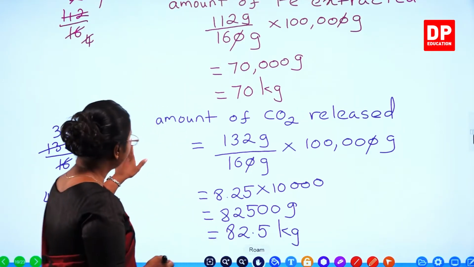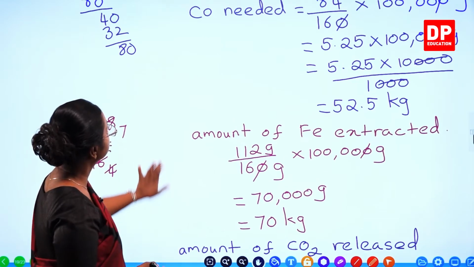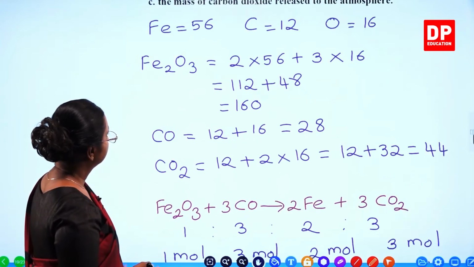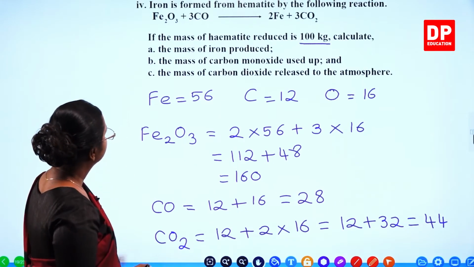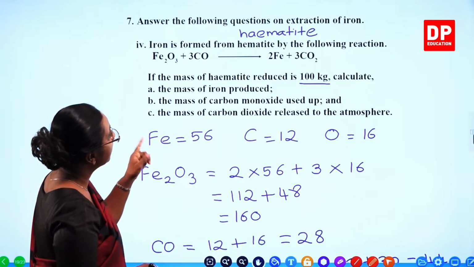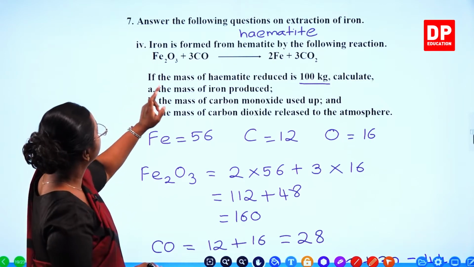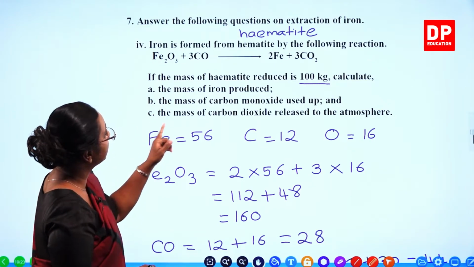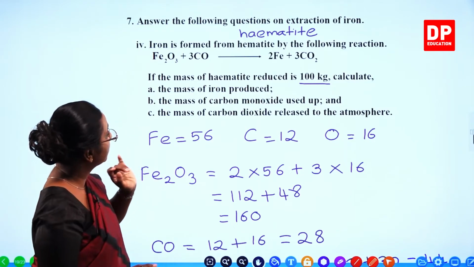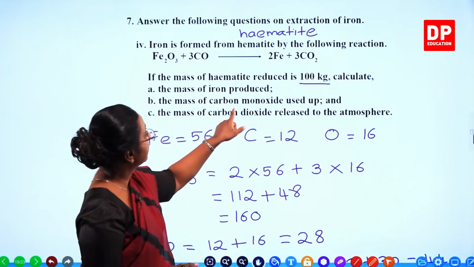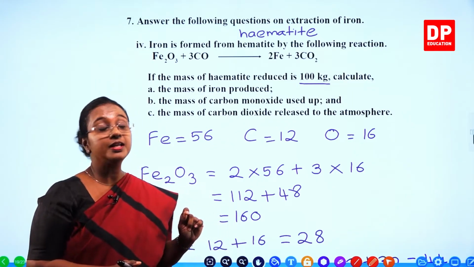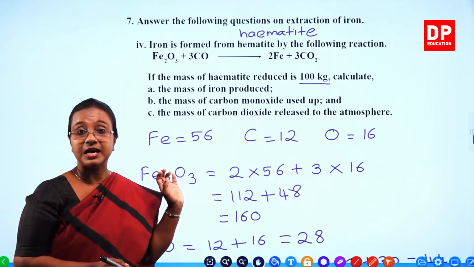So if I go back and show you all the calculation, so here you can see, students, the question: iron is formed from hematite by the following reaction: Fe2O3 plus carbon monoxide giving rise to Fe plus carbon dioxide. So there they wanted us to find the mass of iron, carbon monoxide and carbon dioxide when we use 100 kilogram of the hematite ore.